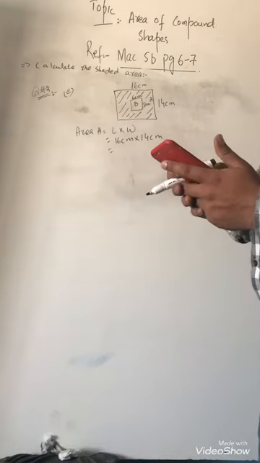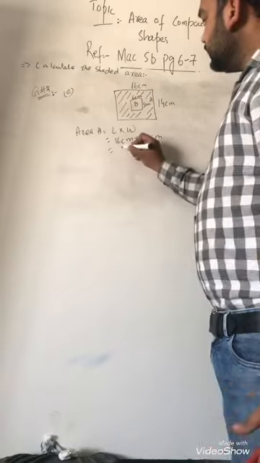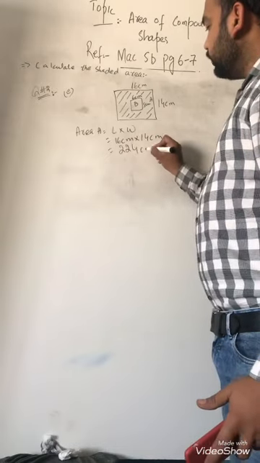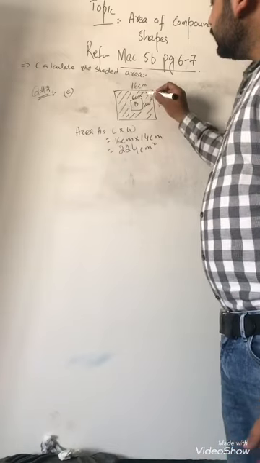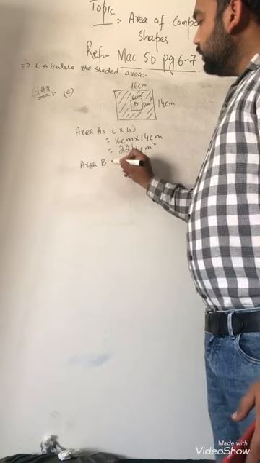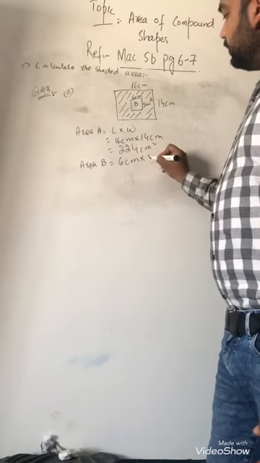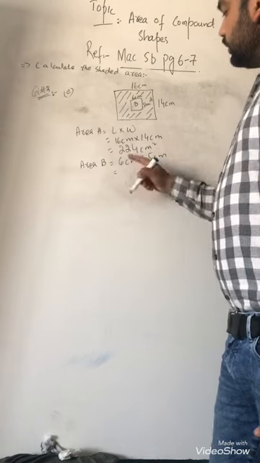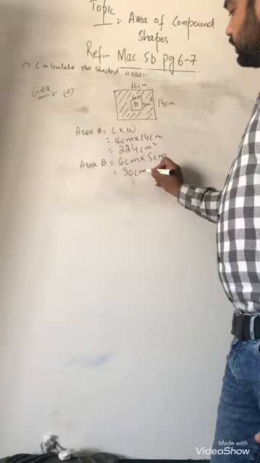The answer is 224 centimeter square. Now I will calculate the area B. That is 6 centimeter multiplied by 5 centimeter. So I will multiply, 6 5s are 30 centimeter square.